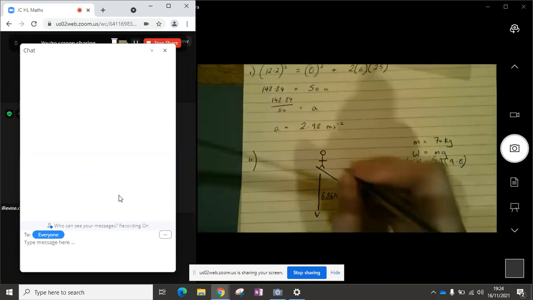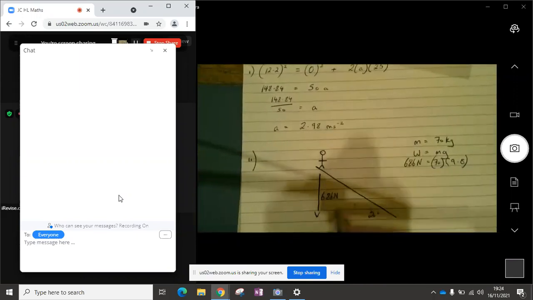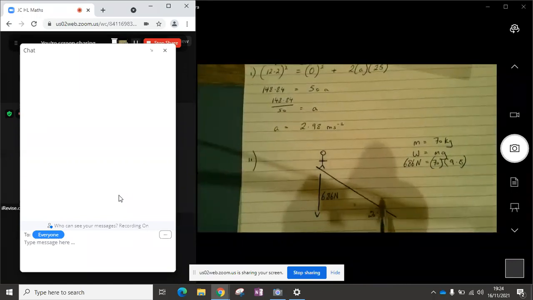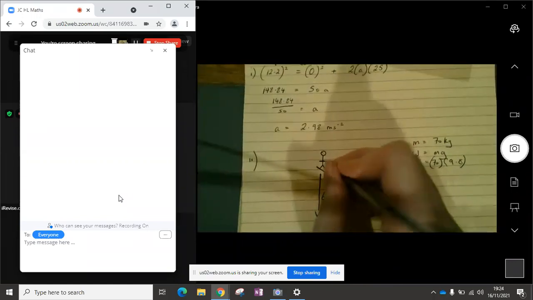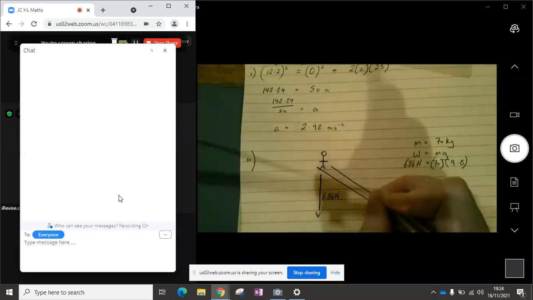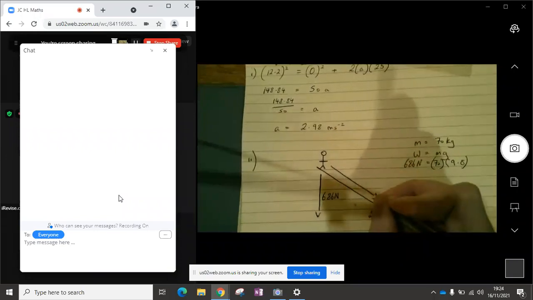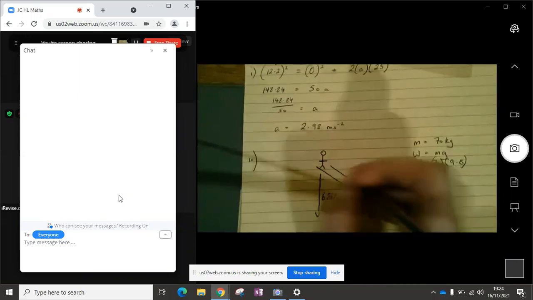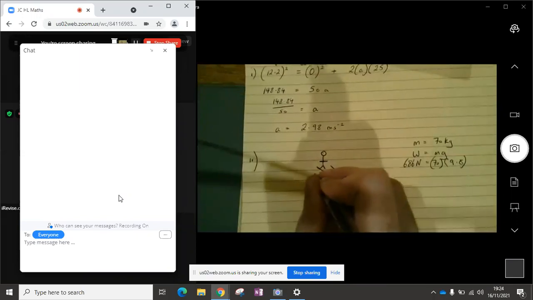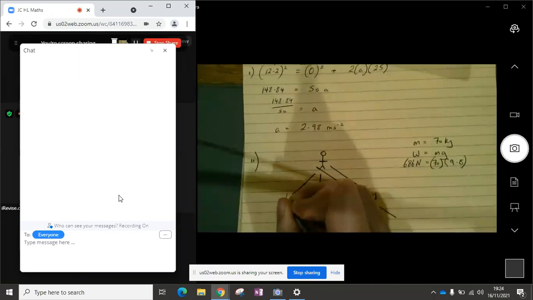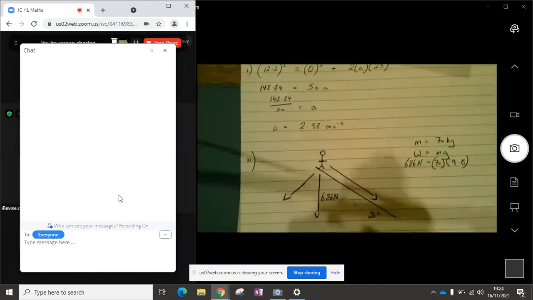Okay, now what we're asked is how much of this weight can be divided into a parallel component to the ramp. So we're trying to work out this component. Okay, so that would be the perpendicular. This is the parallel.